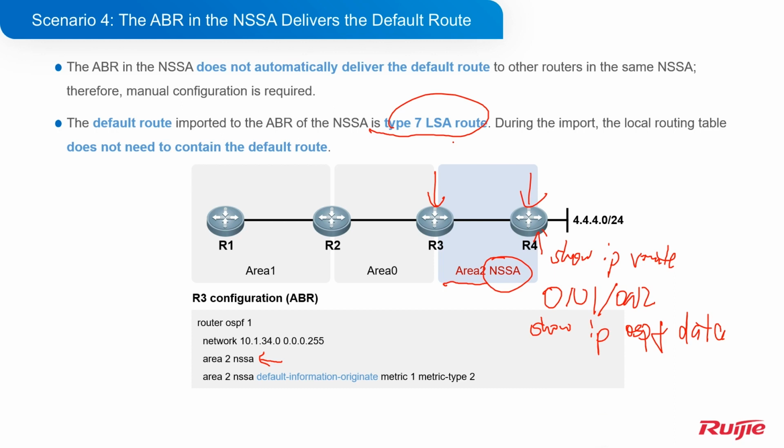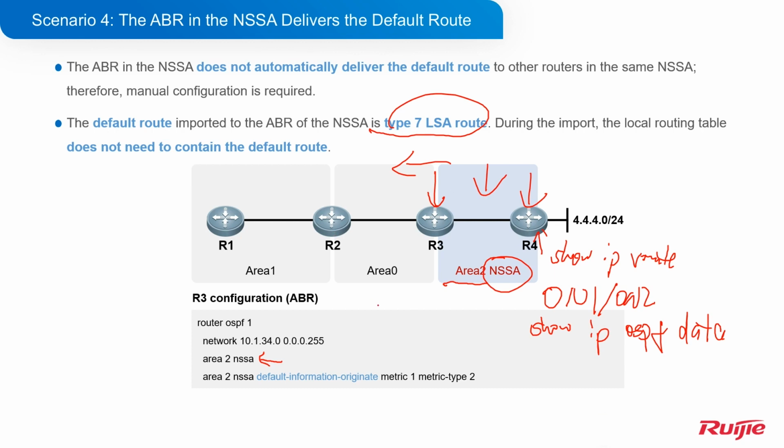The Type 7 LSA is special to the NSSA area; other areas can't receive the Type 7 LSA information. And for the routing entry, we will convert the Type 7 LSA information into Type 5 LSA information on R3, and then other routers can see the routing entries by Type 5 LSA routing information.